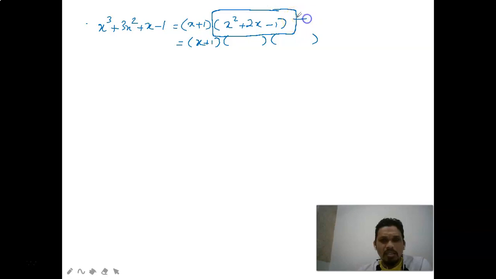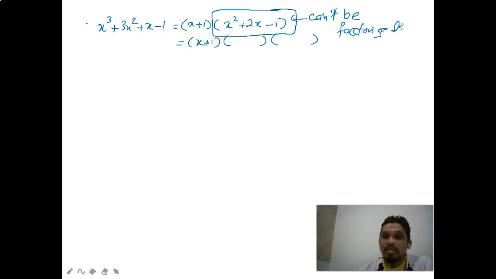Okay, this is one of the quadratics that cannot be factorized. This is one of the cases where x squared plus 2x minus 1 cannot be factorized. In this case, we are going to use the formula x equal to negative b, where a equal to 1, b equal to 2, and c equal to negative 1.